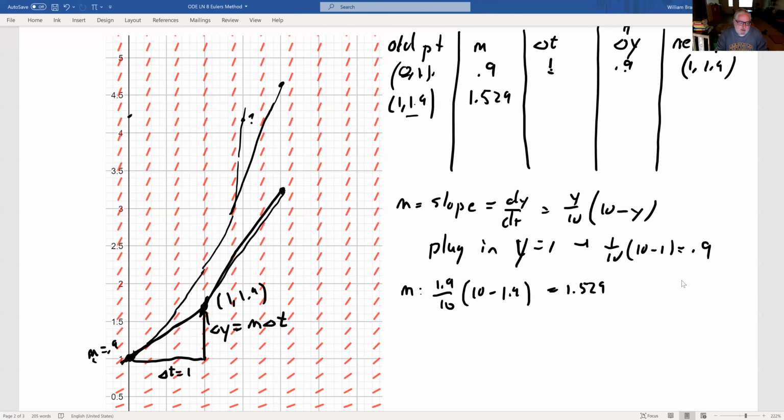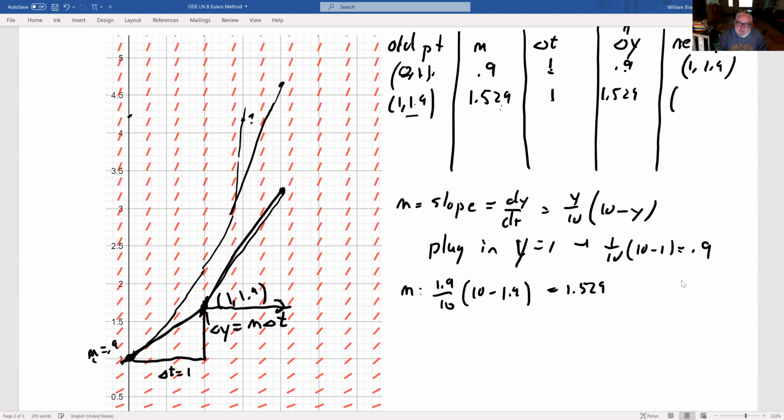So that's my slope at this point. And we want delta t is 1 because we're going to go 1 step to the right. And how far up do we go? Well, m times delta t, slope times run equals rise, right? So we go up 1.529.